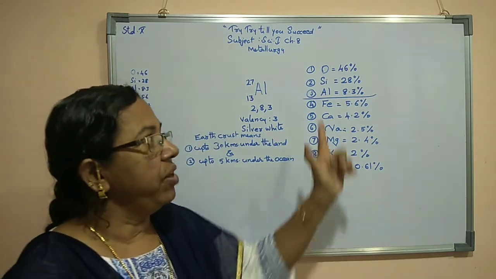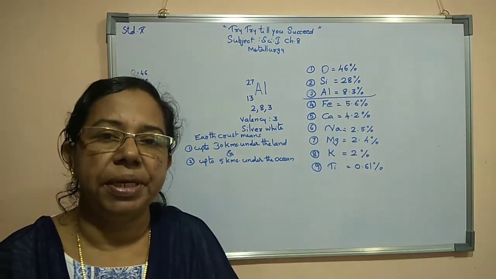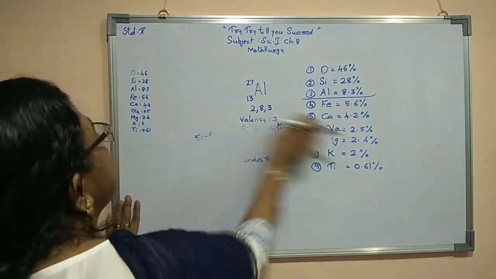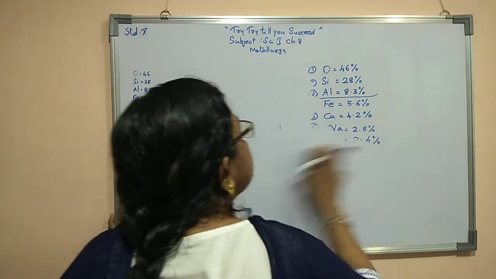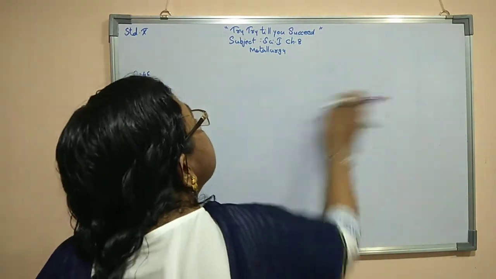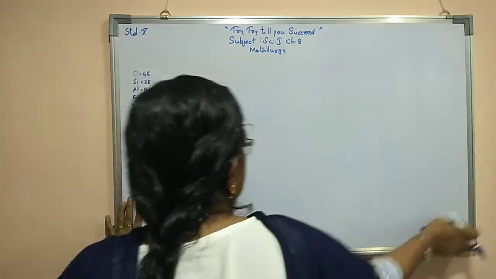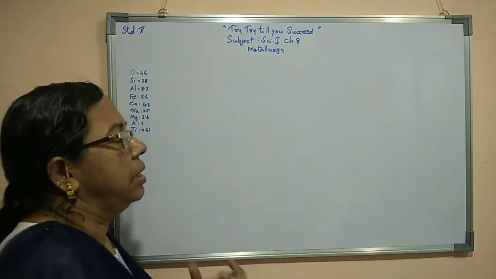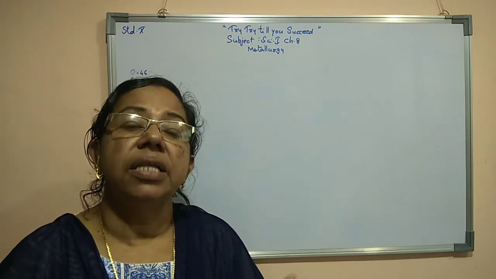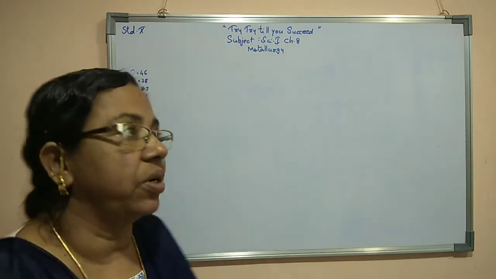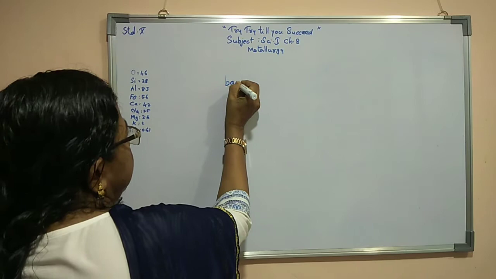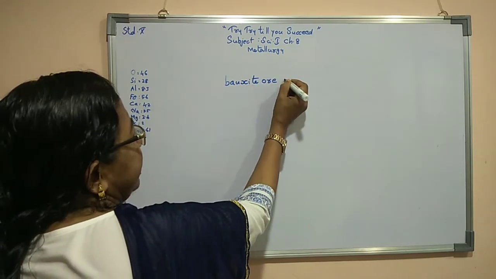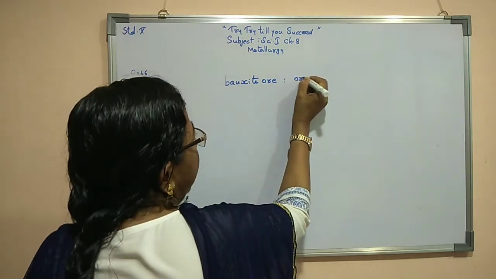Now here we are studying about aluminium. Aluminium is available in the ore, that is known as bauxite. Bauxite ore is the ore of aluminium.